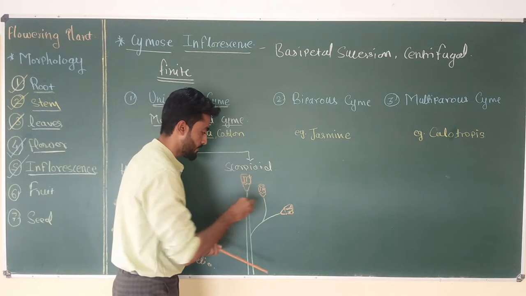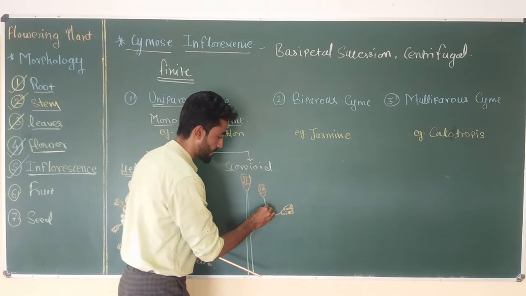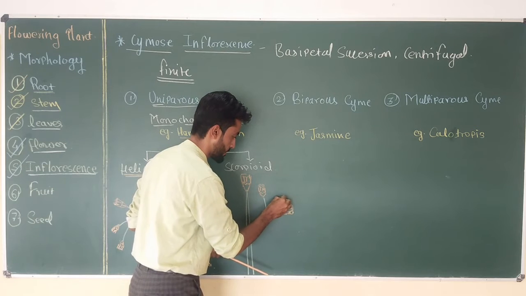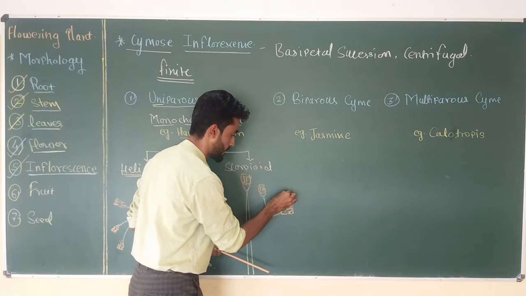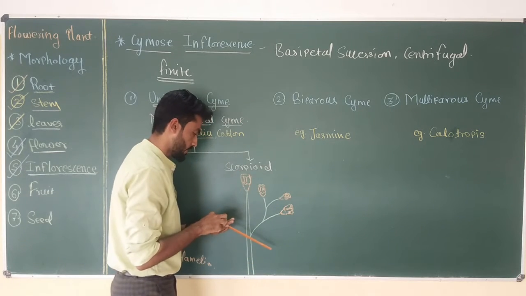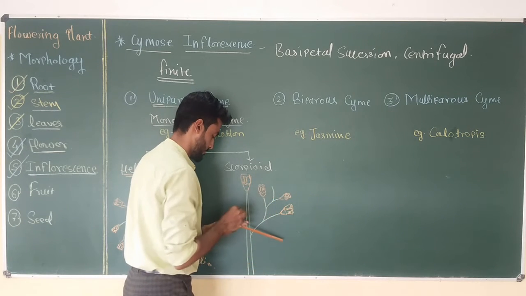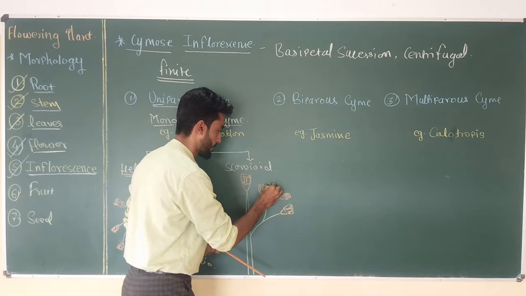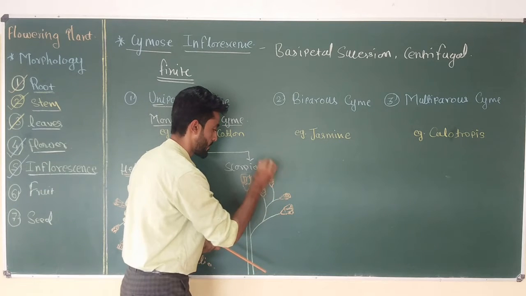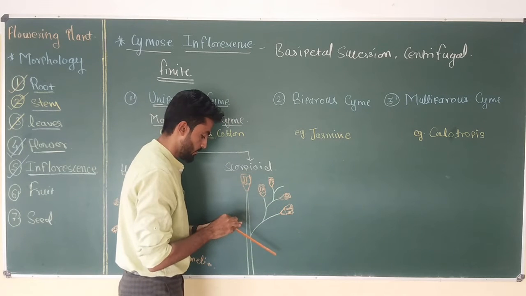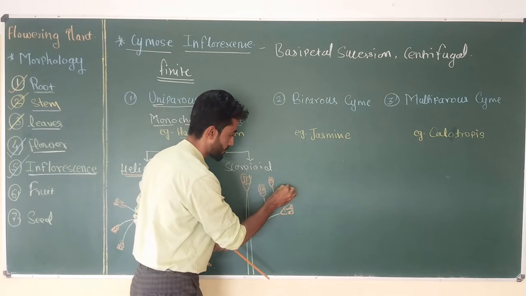Similarly, now the tertiary branch is on the right side of the secondary branch, terminating into flower. Quaternary branch again on the left side, and the same thing happens with all other branches.